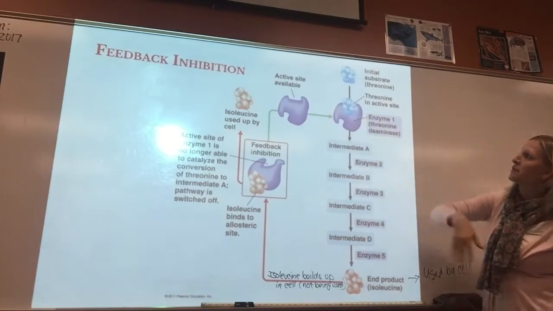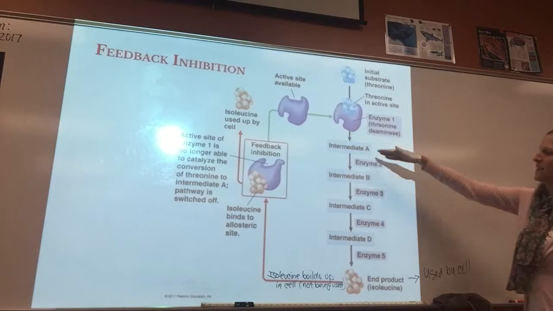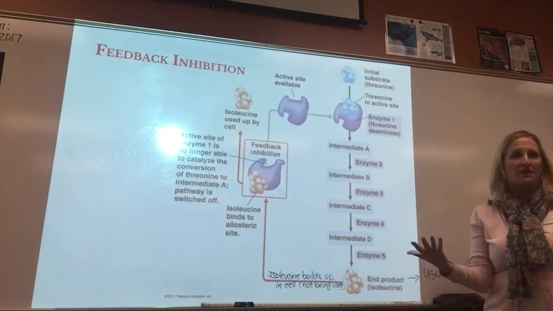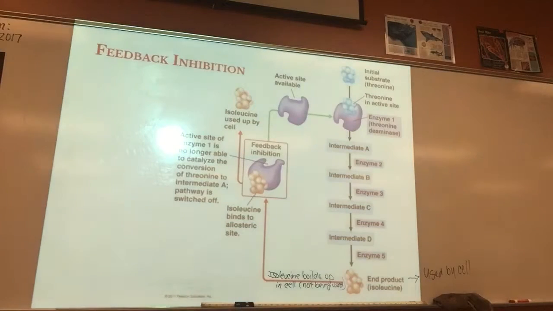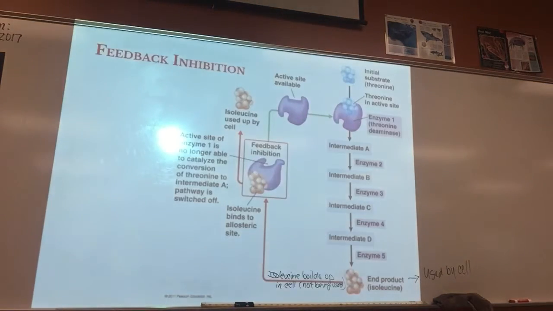In this case, the first reaction, if you stop that, then you never make any of these intermediates and there's no waste. And so that is feedback inhibition. I'm introducing this to you now. We come into contact with this in other areas of our curriculum later on. All right, and that is the end of the notes.